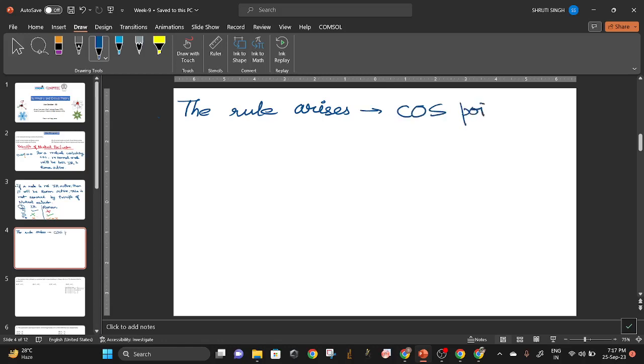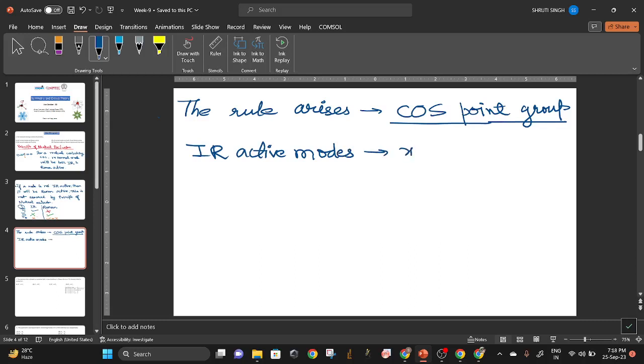In a molecule containing a center of symmetry, or a point group containing a center of symmetry, IR active modes get transformed according to the x, y, and z basis set, the dipole moment vector.